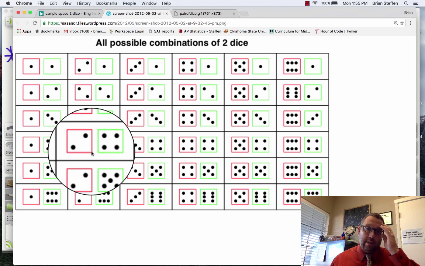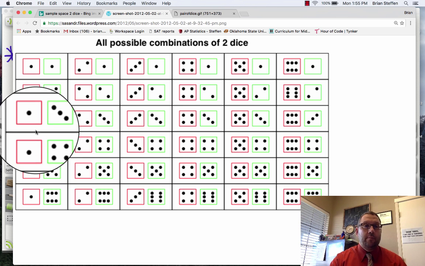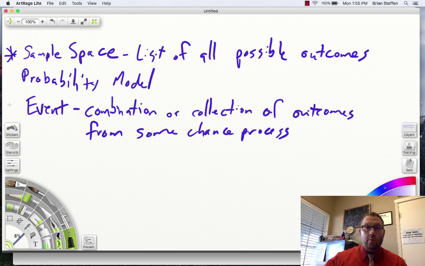Now, when we're doing this, this is all 36 possible outcomes. My sample space in this example has 36 possible outcomes. Now let's say I make an event called D, and I'm going to define D. Whenever I'm using variables, I need to define what it is.